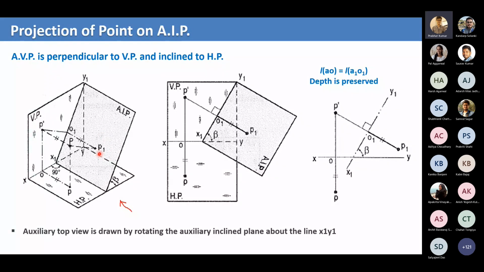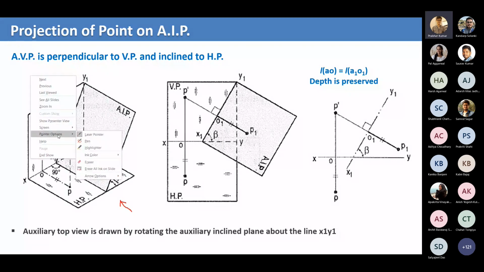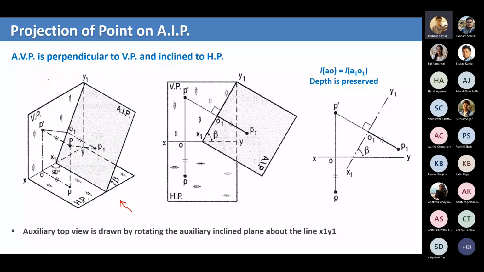This is AIP, not AVP. In the first line at the top it is written AVP is perpendicular to VP, but basically it is AIP, auxiliary inclined plane, which is perpendicular to VP and inclined to HP. So for students, don't get confused.